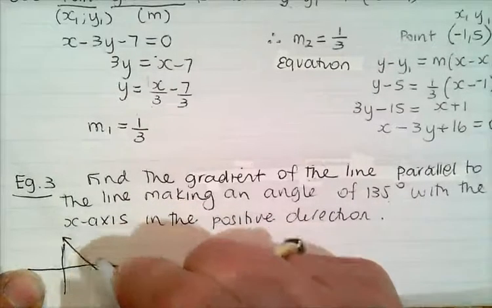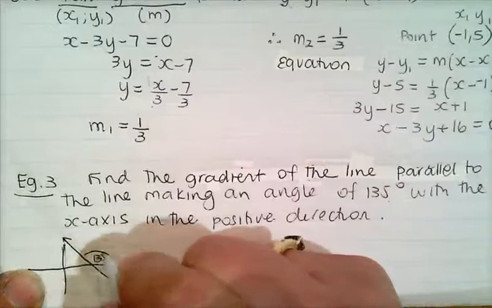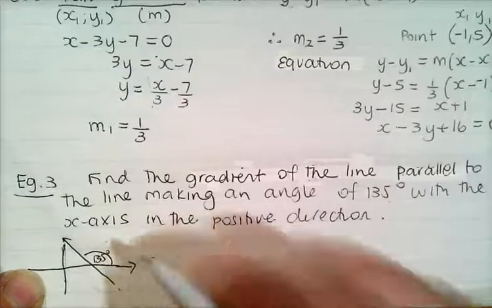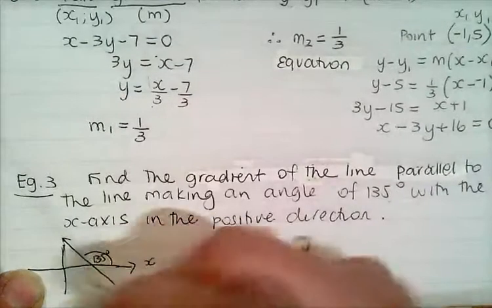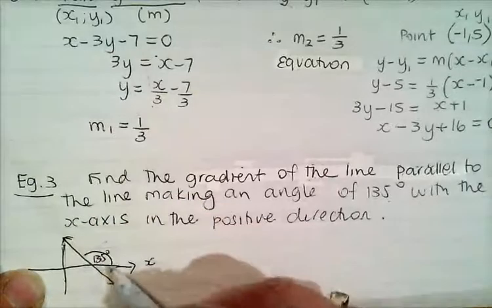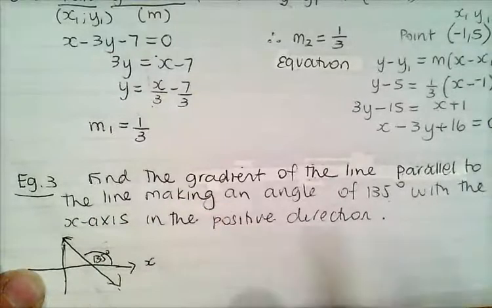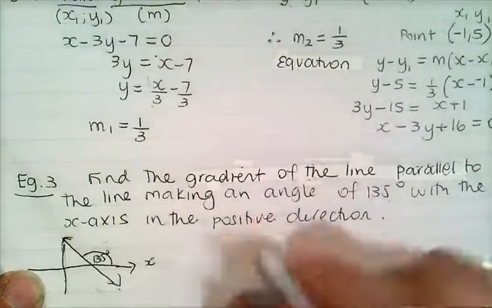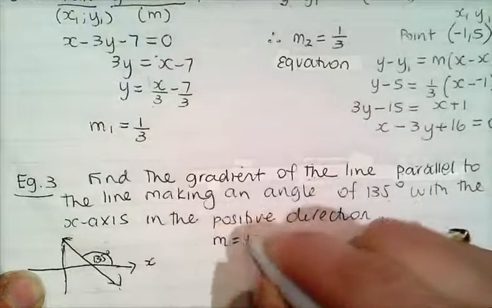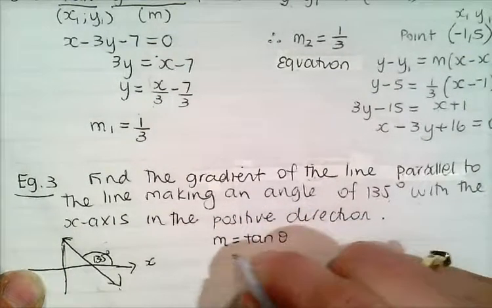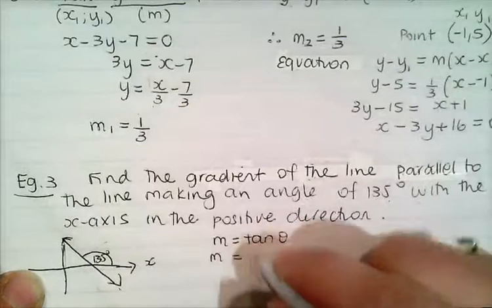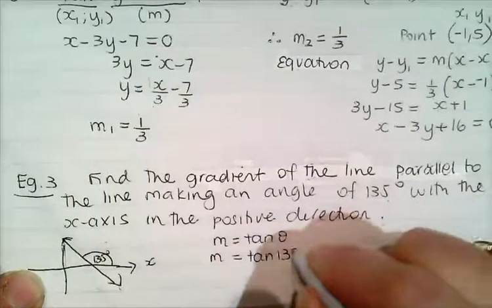I'm just going to put my line like this. See, this is my x-axis here, and this is my line here, it makes an angle of 135 degrees with the positive direction of the x-axis, okay? So therefore the gradient of that line, the formula is, the gradient is m equals tan theta, so m equals tan of 135 degrees.